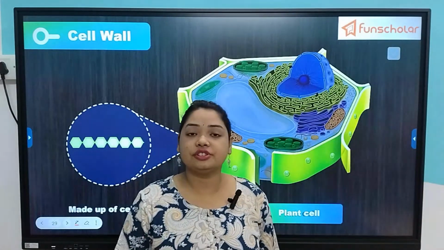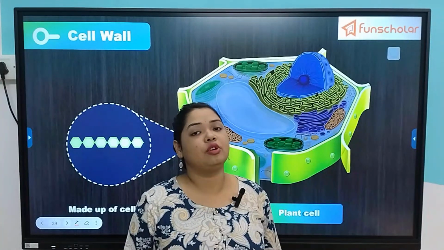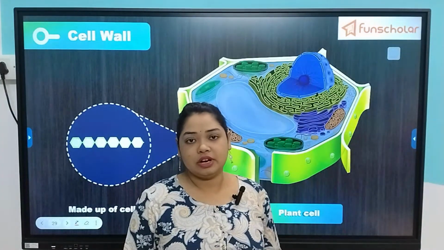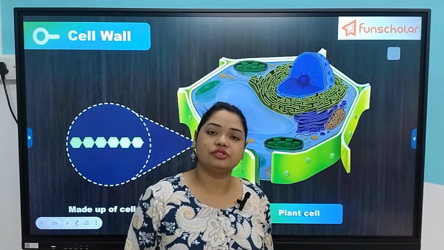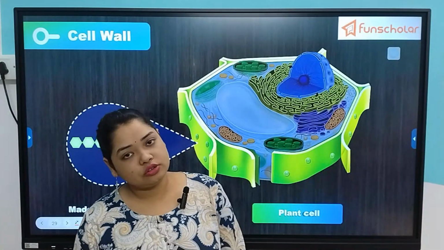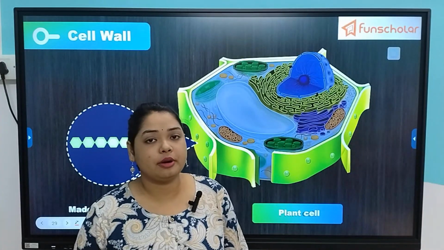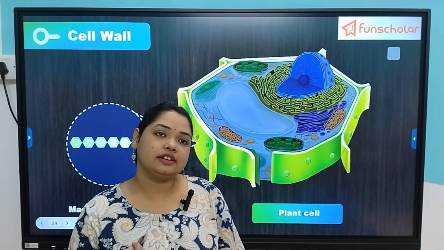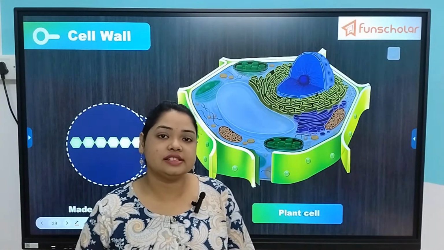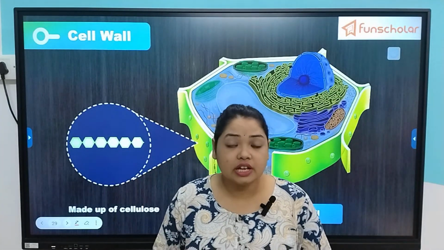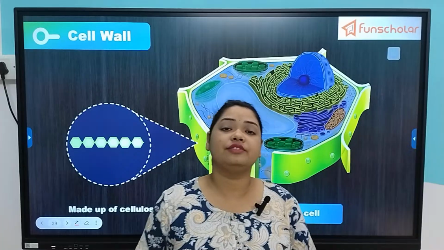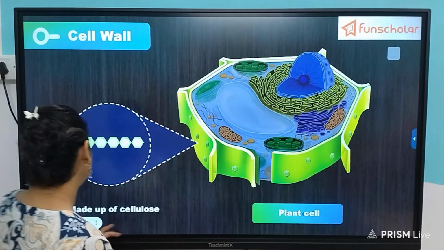So the composition of the cell wall varies from species to species, but the nature and also the functions remain almost the same, that is protection from harsh environmental conditions, protection against mechanical injury, and protection from invasive pathogens.